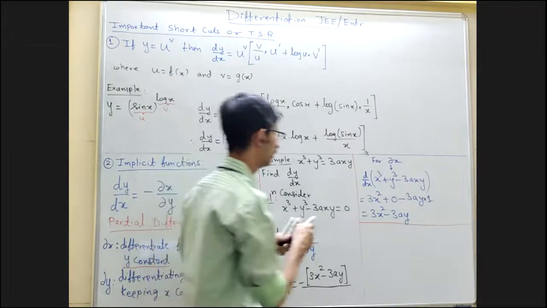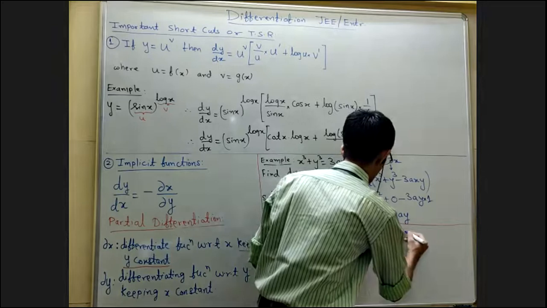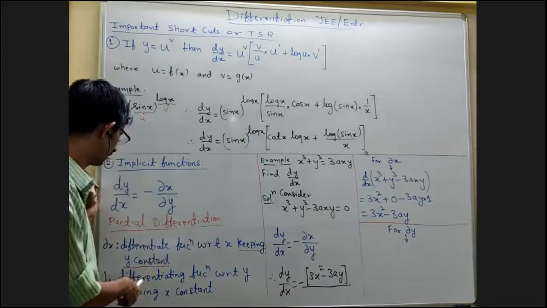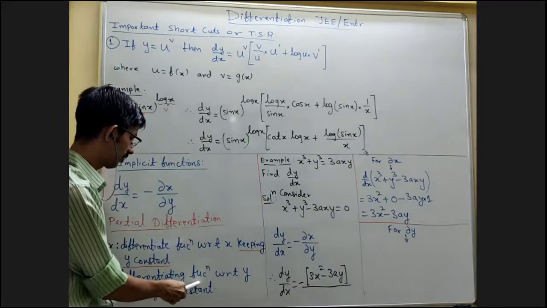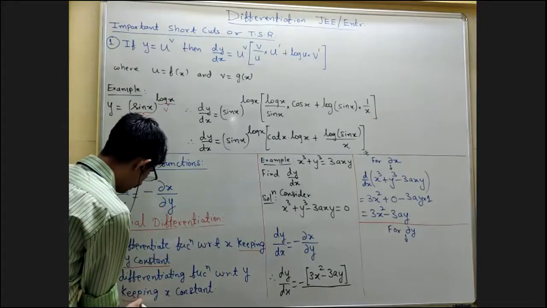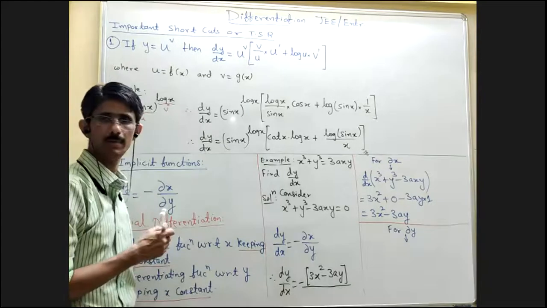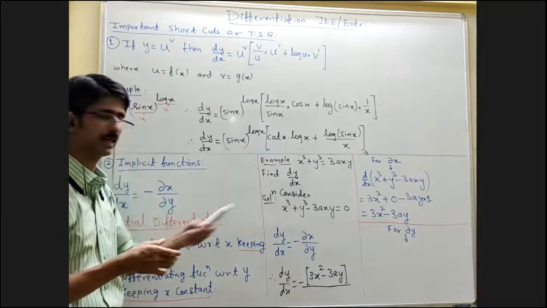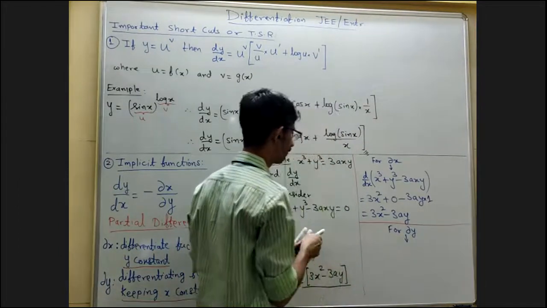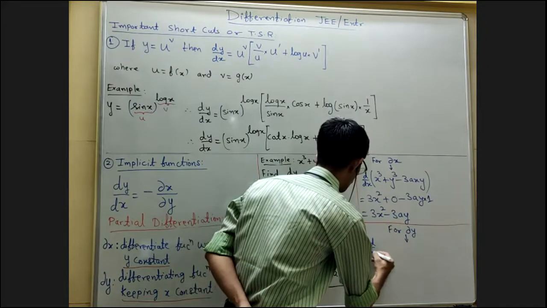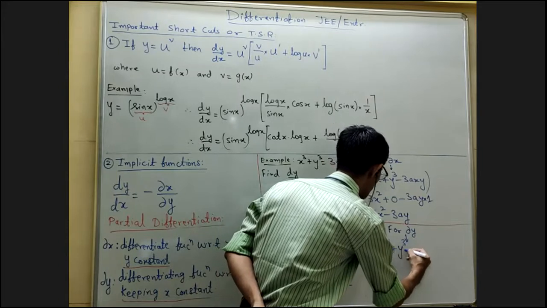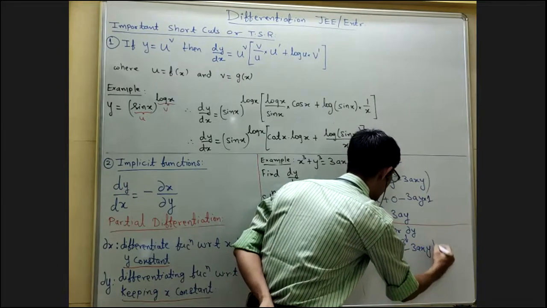So now for del y, now let's see what will happen for del y. सबसे पहले देखते हैं क्या बोलता है वो। Differentiating function with respect to y keeping x as constant. अभी x को constant assume करना है हमें जब हम del y find करेंगे। तो once again please pay attention. Now what we are supposed to do, we are supposed to differentiate with respect to y.